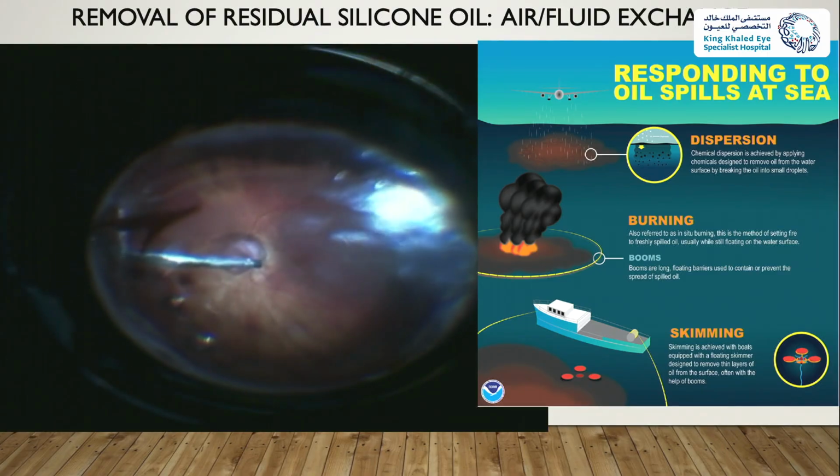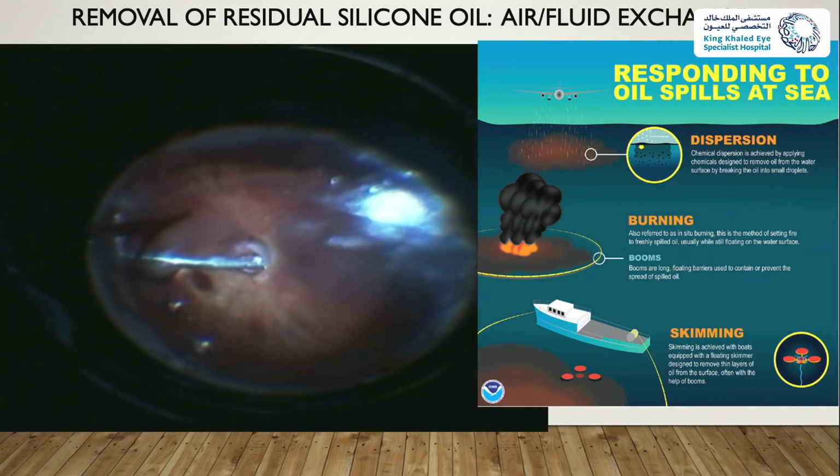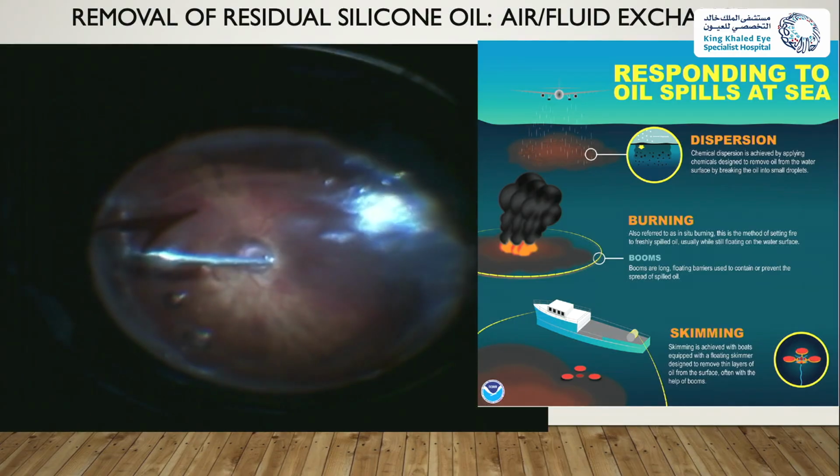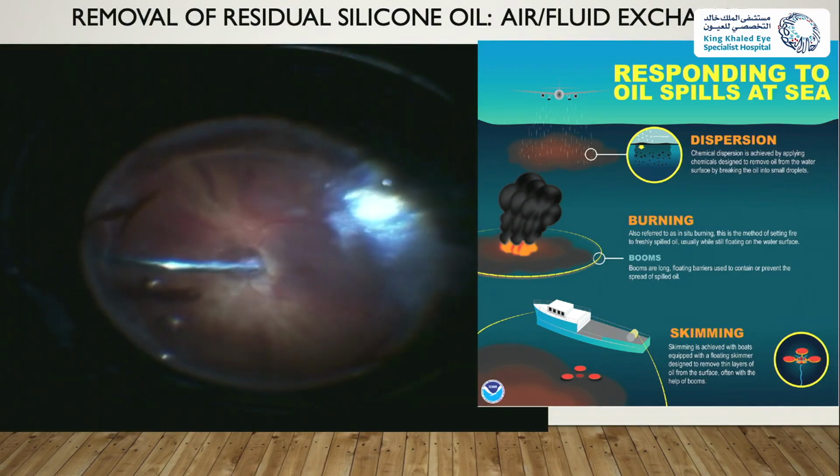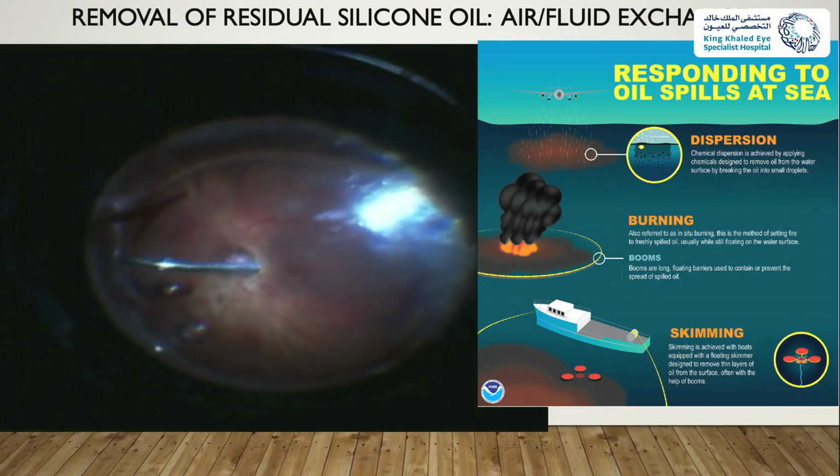Remember, when you are using the oil removal devices, you're aspirating at about 650 millimeters of mercury to suck the oil out. If you're leaving the oil at the end, it's no good.